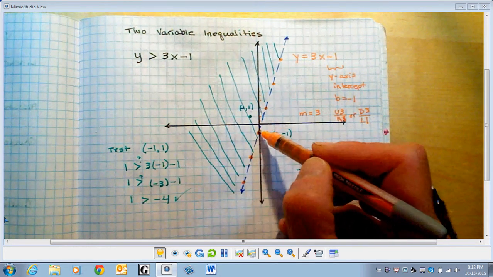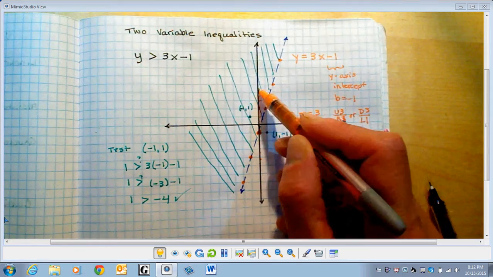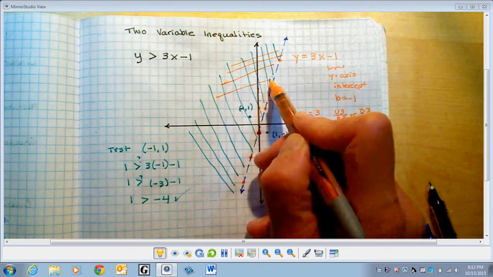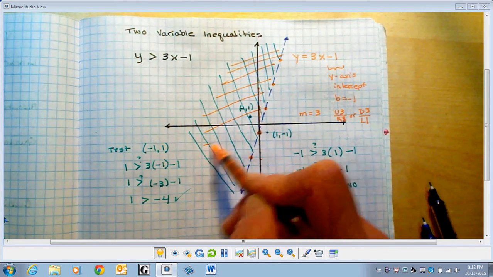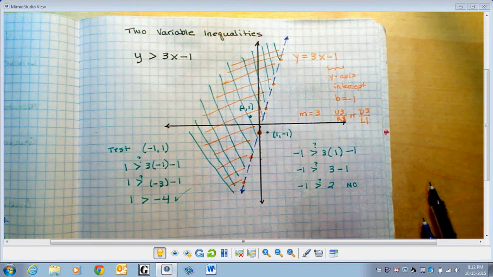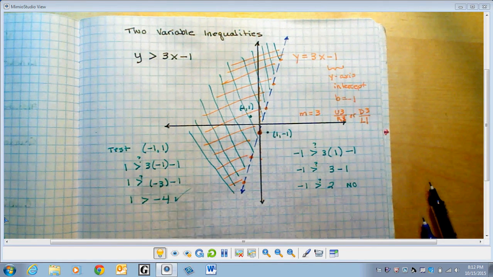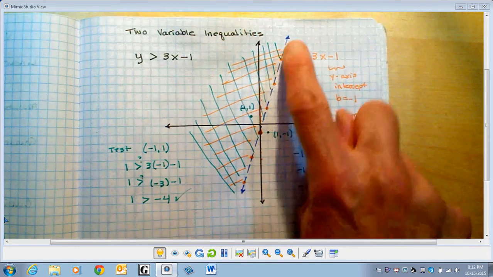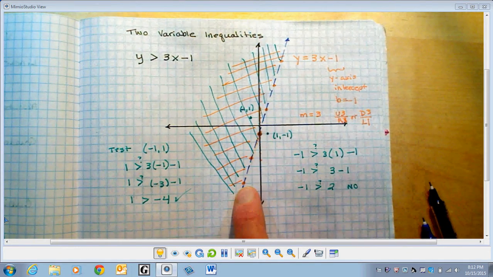Y values are bigger this way. So that means everything above that line. Okay, so that's my entire region there. If I were to have this as a greater than or equal to, this line would be solid.